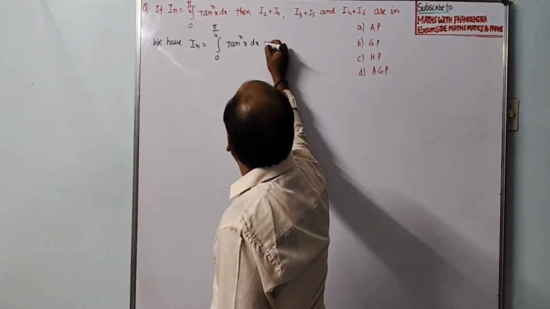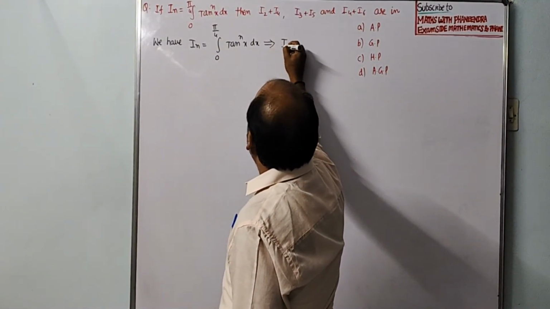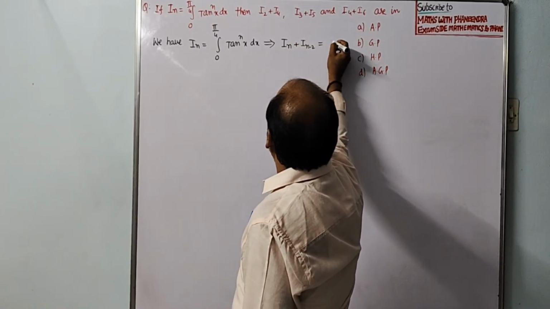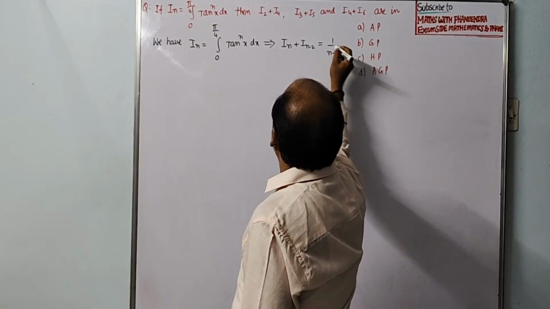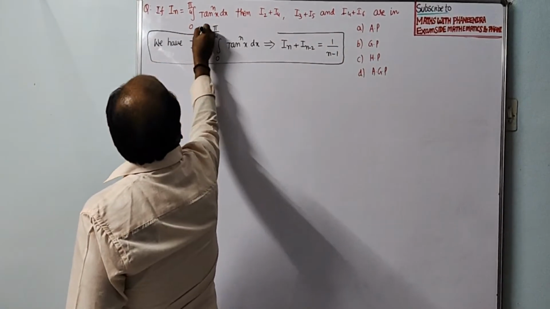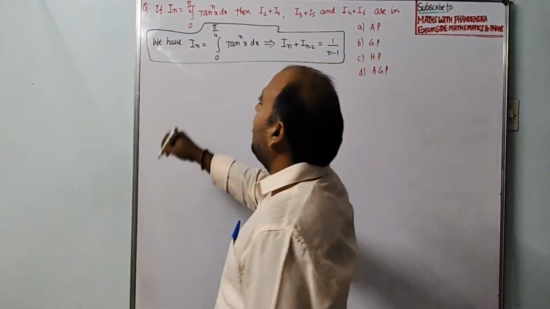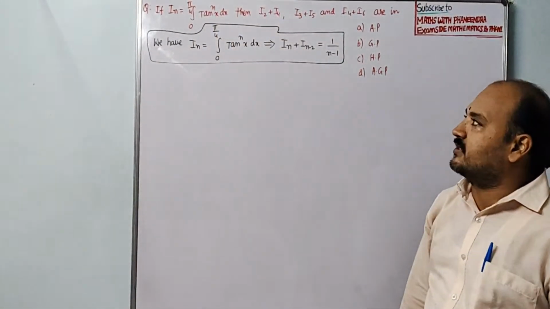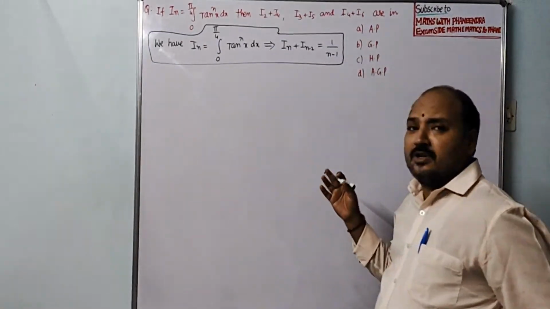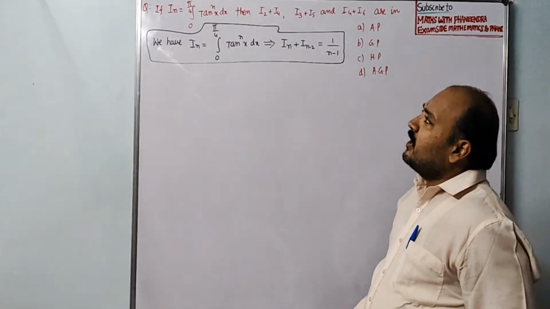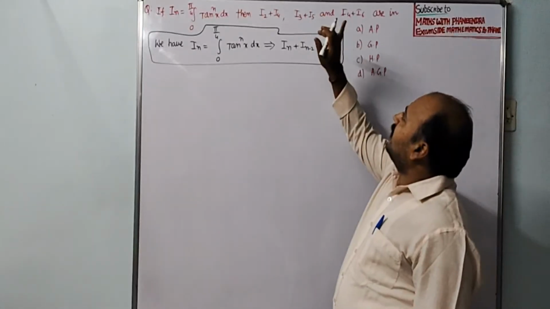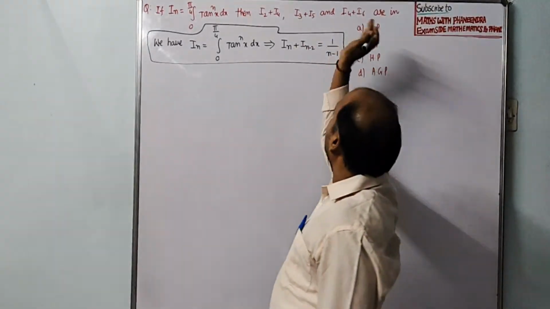It implies that I_n plus I_(n minus 2) is equal to 1 by (n minus 1), which is a very important result regarding the integral from 0 to pi by 4 of tan to the power n x dx. We have already done a number of videos based on this. So here the question is: I2 plus I4, I3 plus I5, I4 plus I6 are in which?